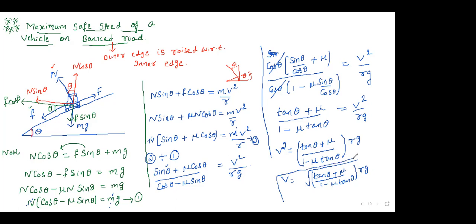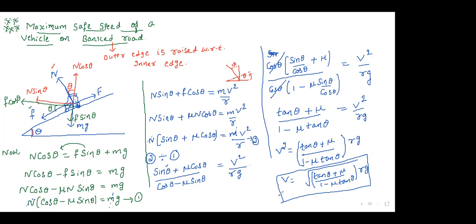So what is the maximum safe speed of the vehicle on a banked road? Root of tan theta plus mu, whole thing divided by 1 minus mu tan theta, into rg. Students, you can notice here, if it is not a banked road, then what will happen?